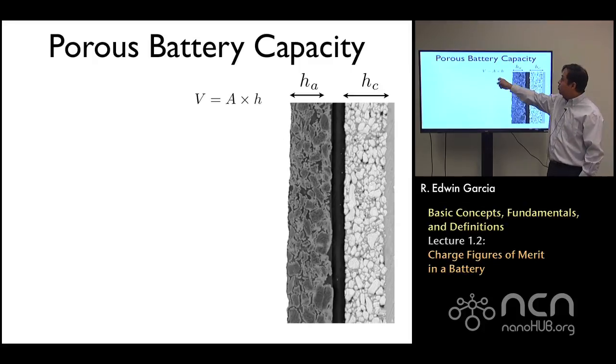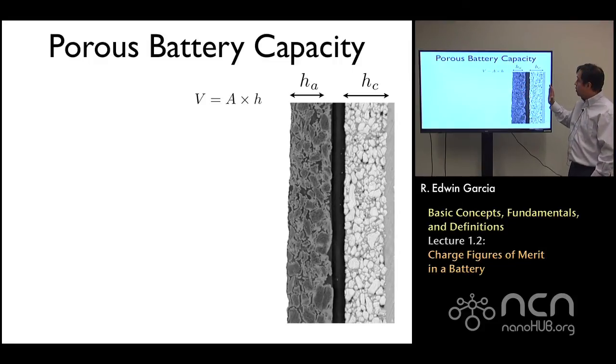So if I do this on a per unit area basis, since they're all sharing the same area, I want to tune the thickness of the anode, H sub A, so that the charge in the anode balances the amount of charge that the cathode may have.